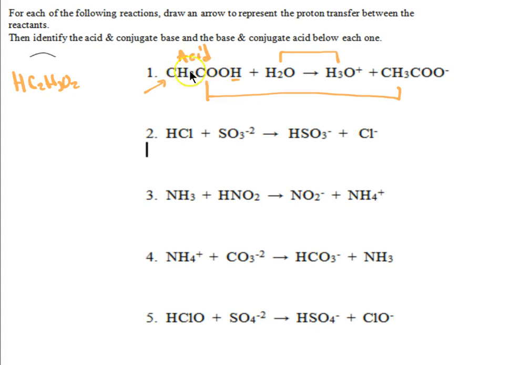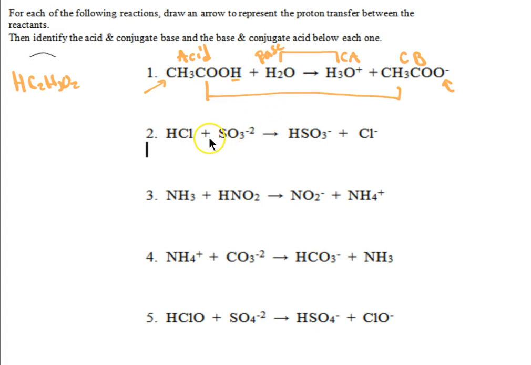This is the structural formula. This is its chemical formula. All right. This thing, if you'll notice, is the anion of my acid, which means it's really my what? Conjugate base. You okay with that? All right. Now, that must mean H3O is my conjugate acid. And that must mean water is my base.